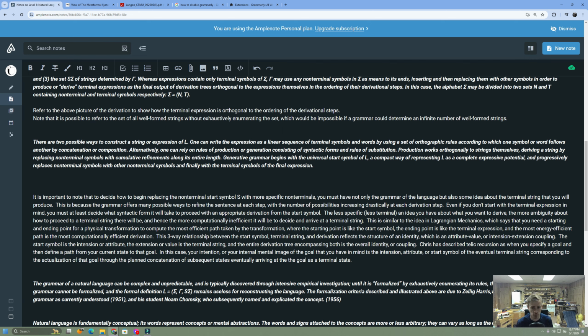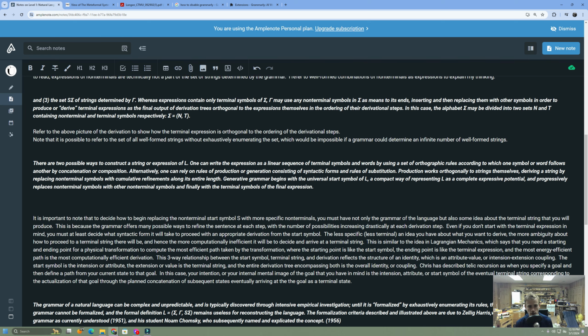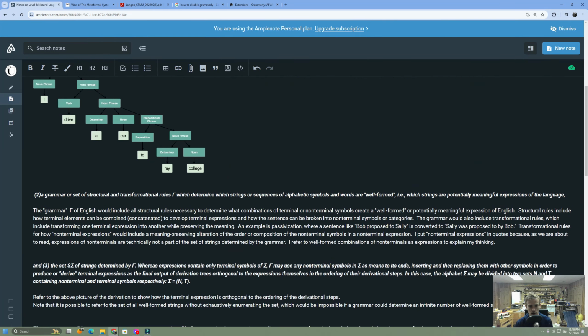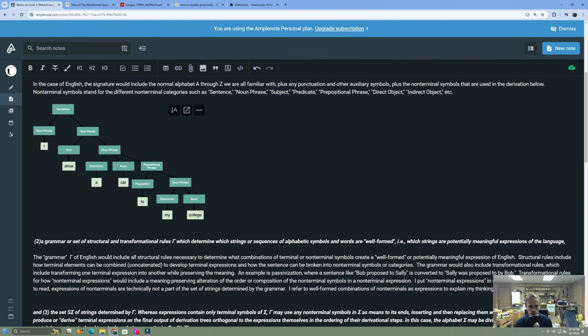Generative grammar begins with the universal start symbol of L, a compact way of representing L as a complete expressive potential, and progressively replaces non-terminal symbols with other non-terminal symbols, and finally with the terminal symbols of the final expression. So these two possible ways to construct a string are again represented by this tree here.